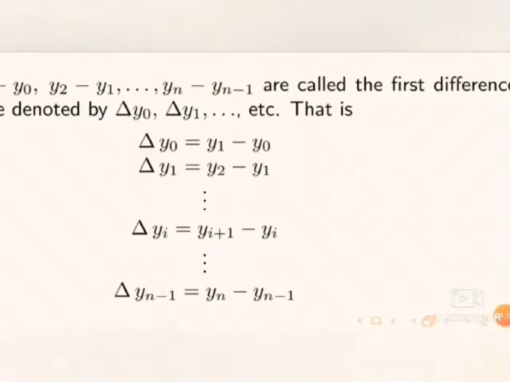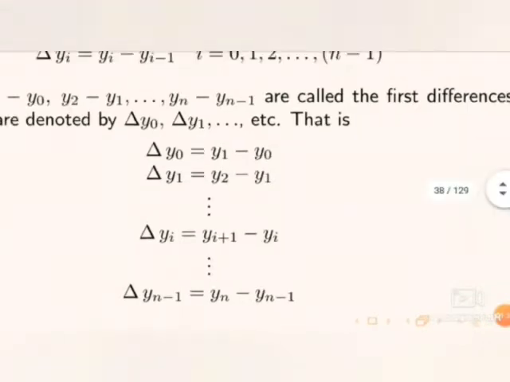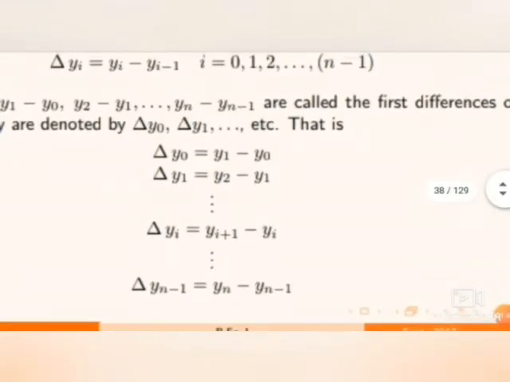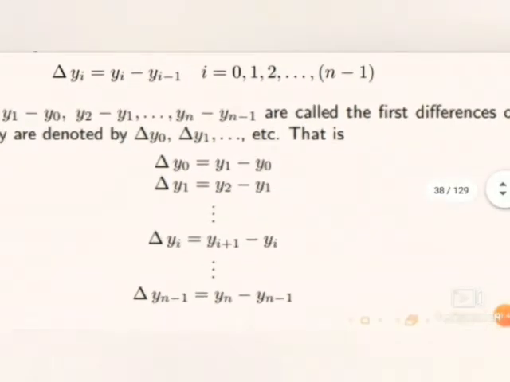The general form is del yi equal to y i plus 1 minus yi. So when you change the values of i, we get del y naught and del y1 like this.